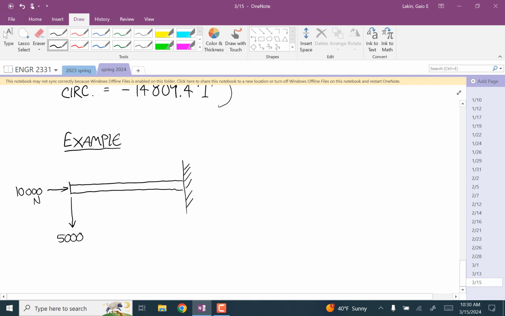The beam has a length of 2 meters, and the mass we'll get in a second. And then let's apply a torque to it this way of 1,000 Newton meters.